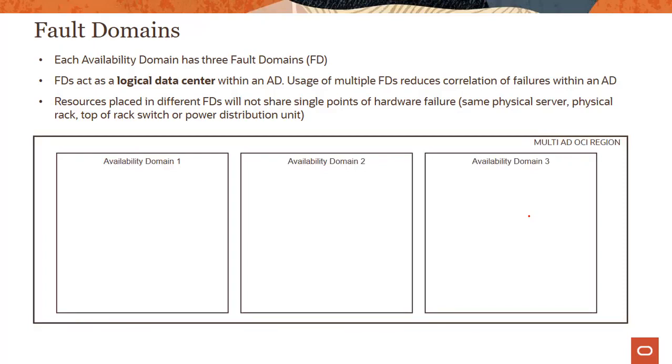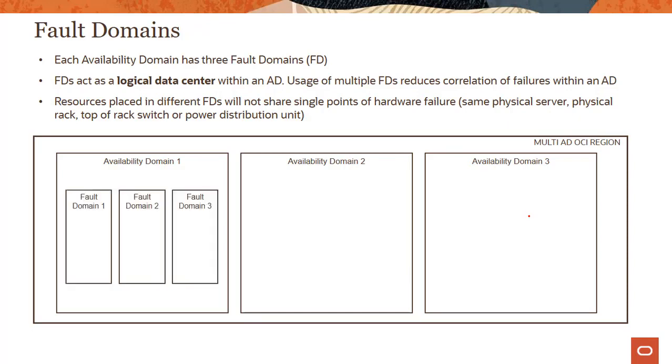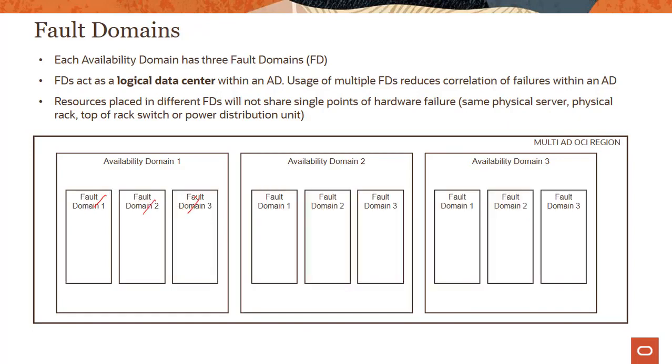Now, what does that mean? Let's look at the previous example. We have a region here. We have three availability domains. Each of these availability domains has three fault domains. So you can see fault domain 1, fault domain 2, fault domain 3 here, so on and so forth for availability domain 2 and availability domain 3.